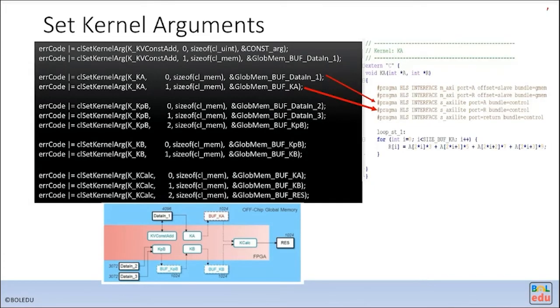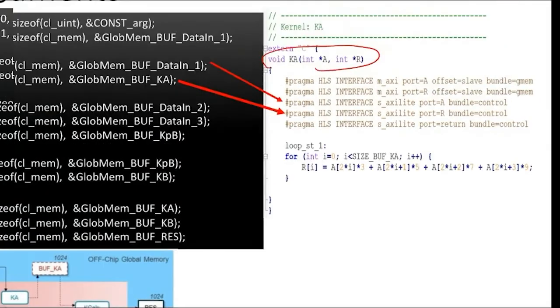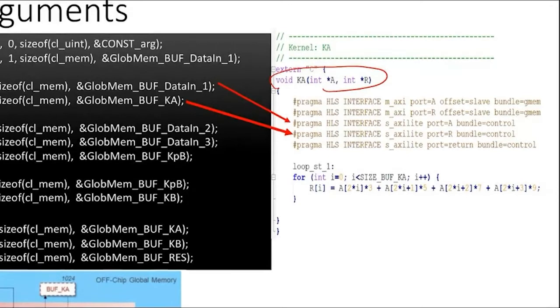Okay, and the next step is to set up the kernel arguments. Let's take this KA function. What are the arguments for this kernel function? They are identified by the ports, like A and B, these 2 buffers. Then you need to have the buffer address, which is defined by the AXI Lite. Port A has a corresponding AXI Lite.